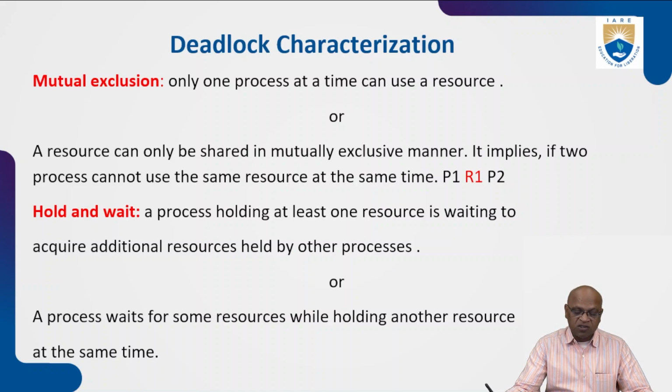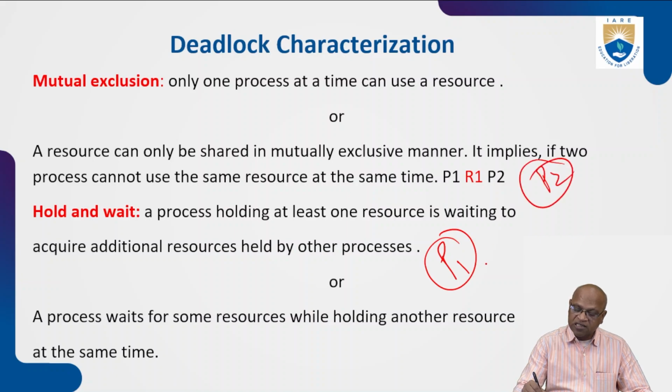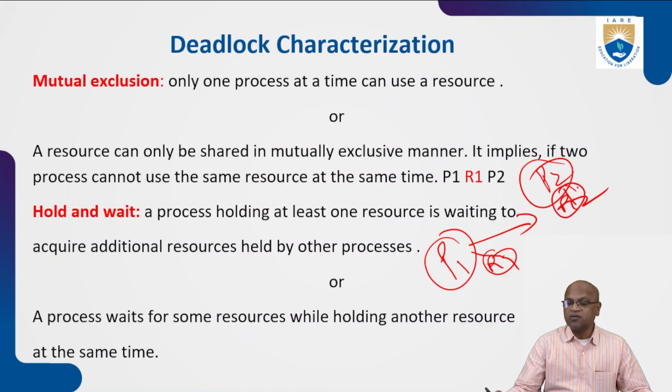Hold and wait: a process holding at least one resource is waiting to acquire an additional resource held by another process. We have seen the previous example. P1 is holding R1 and requesting R2, which is being held by P2. At the same time, for completion, P2 requires R1, which is being held by P1.